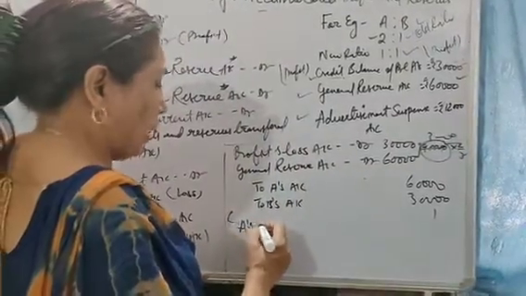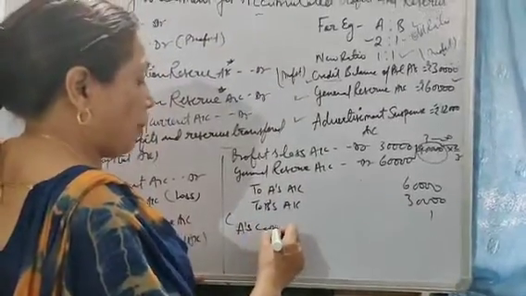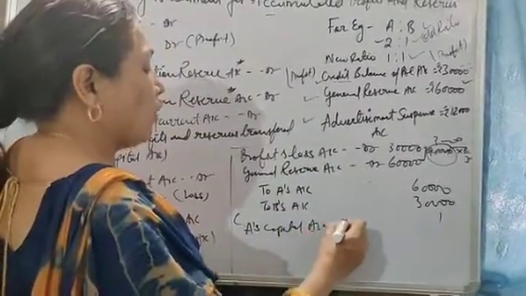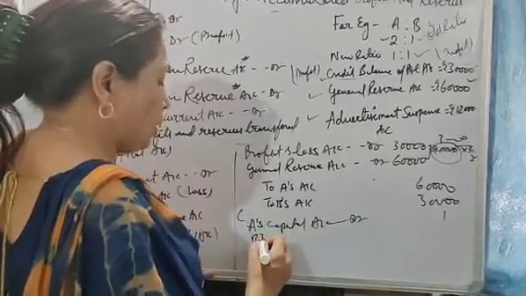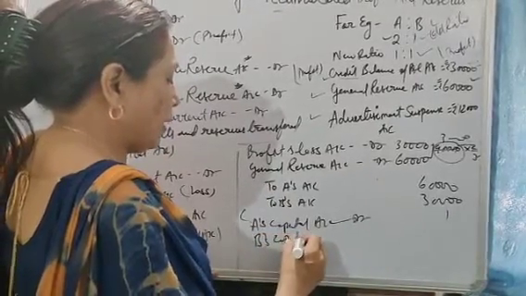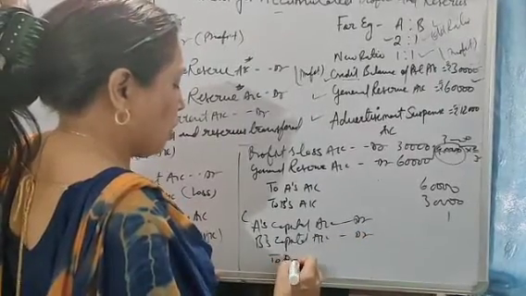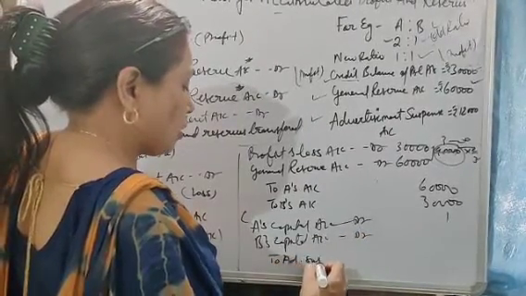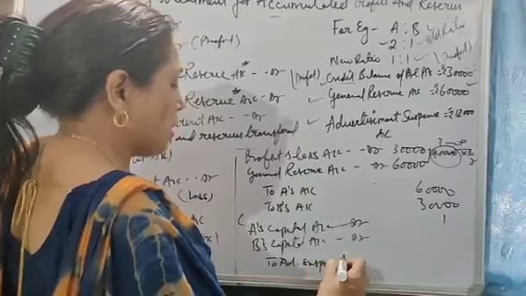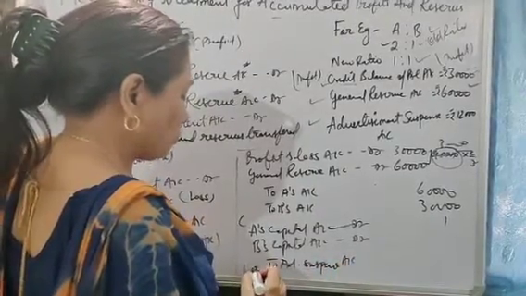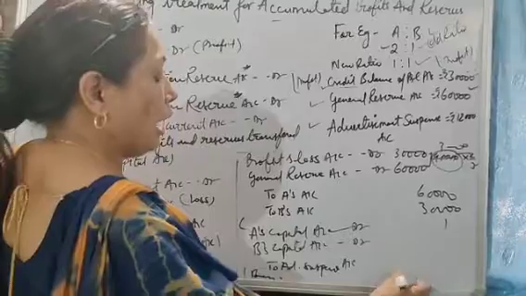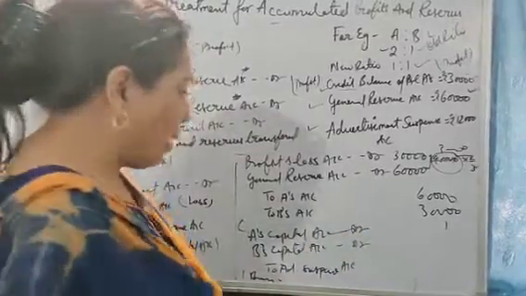So A's capital account debit, B's capital account debit to advertisement suspense account. Okay, being advertisement suspense transfer to partners capital.